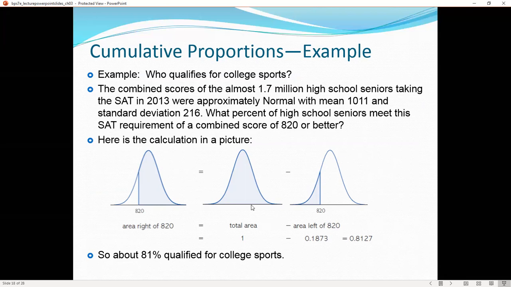But what they're telling us is if we know the area is 1 under the whole curve, and we take out the cumulated percentage that is left of 820, which in their chart they've looked up to be 0.187, then what we have is a resulting area of the first image we saw, which is a proportion of 0.8127. So about 81% qualified for college sports.